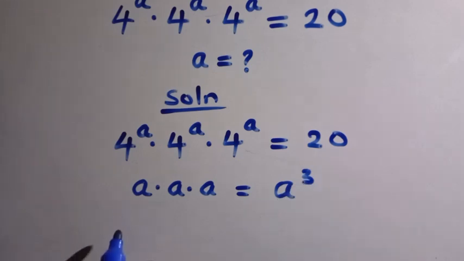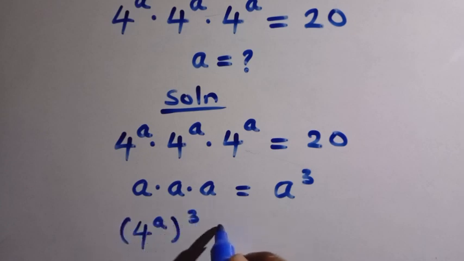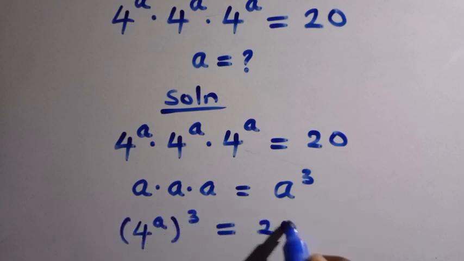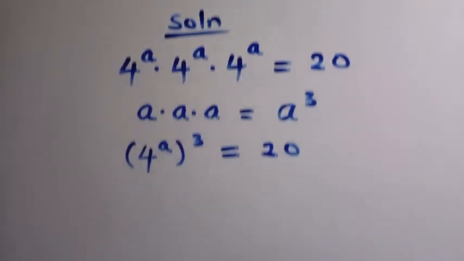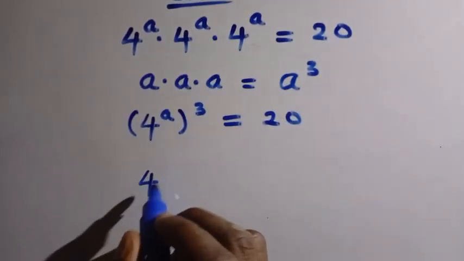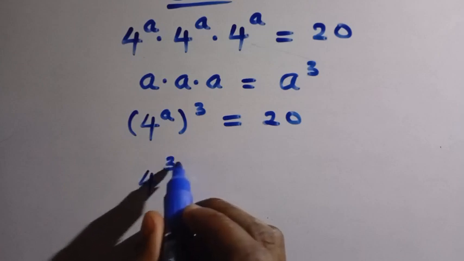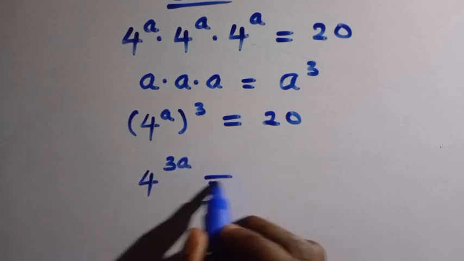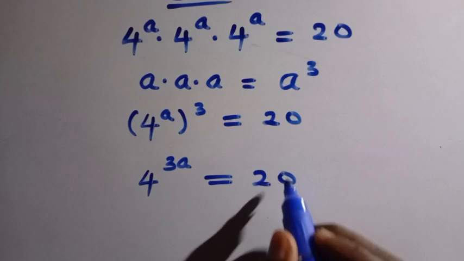By applying it to this, we have 4 power of a raised to power of 3 equals 20. Then when we multiply this together, we have 4 power of a times 3, that is 3a, equals 20.